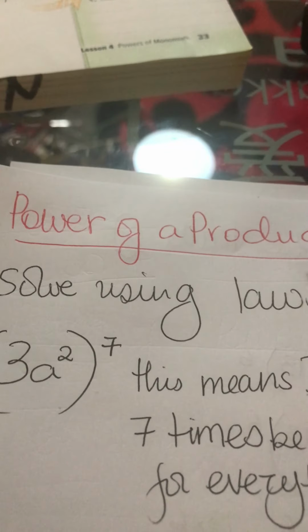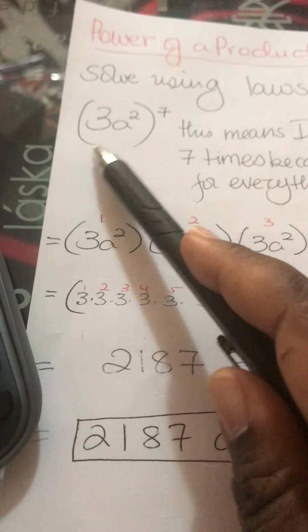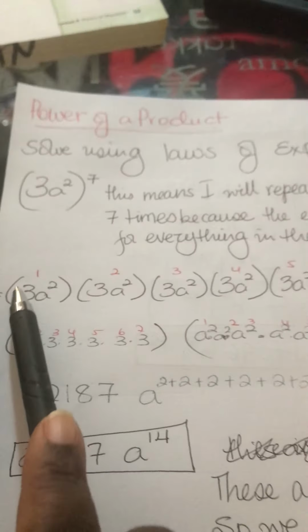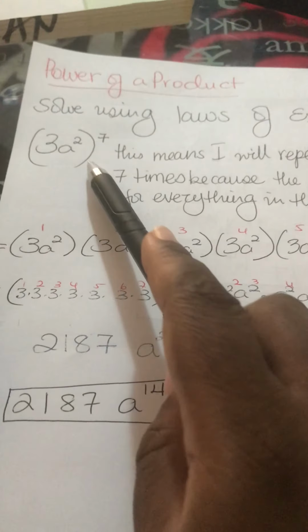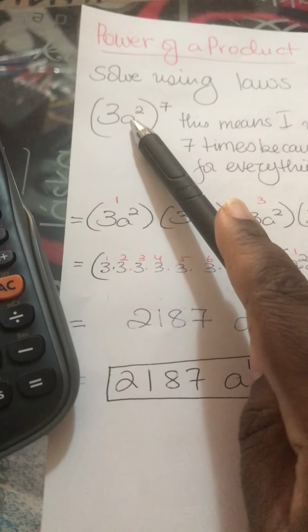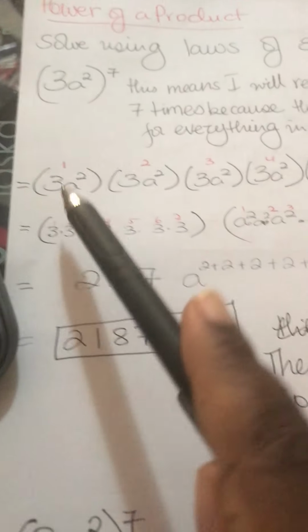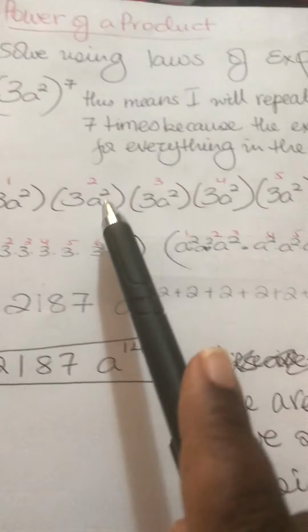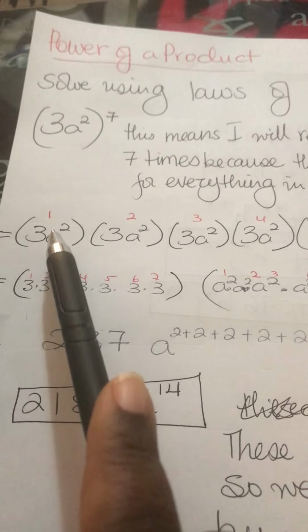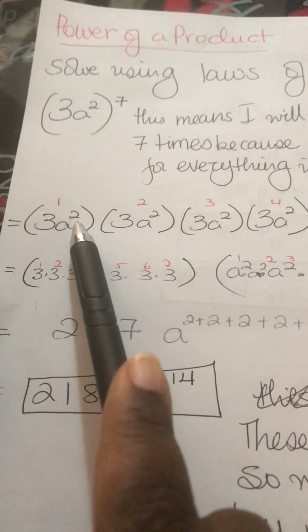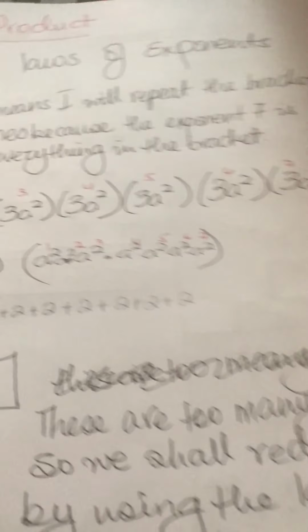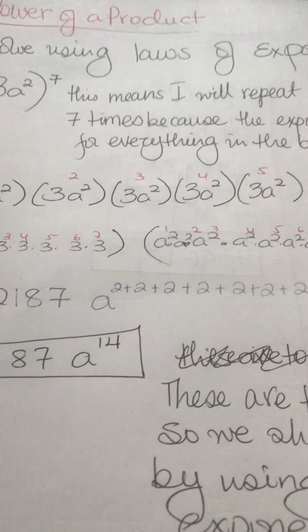So this is called power of a product. I'm avoiding doing all these steps. You see all the steps that I'm repeating, 3a squared 7 times? We don't have that time. Look, I am repeating 3a squared 7 times. That time we don't have.